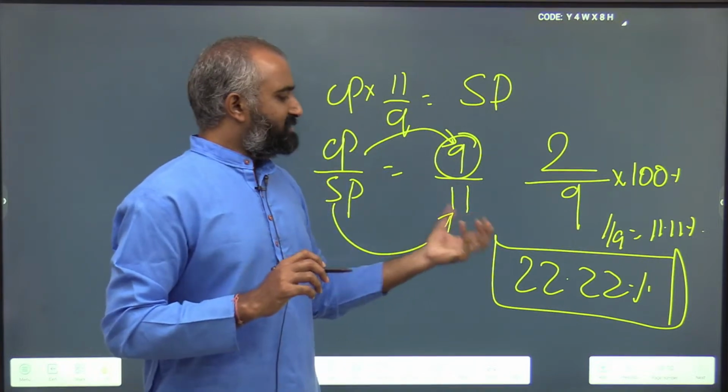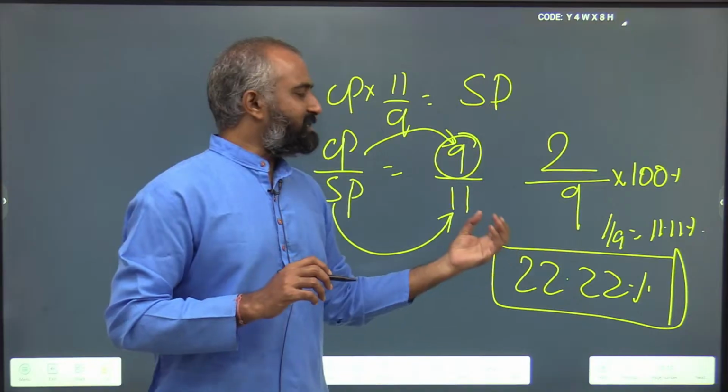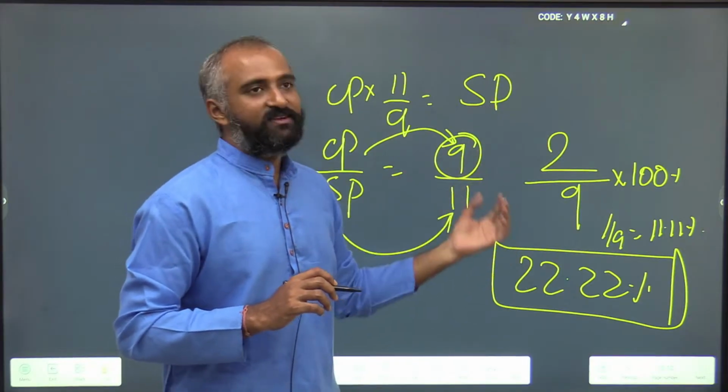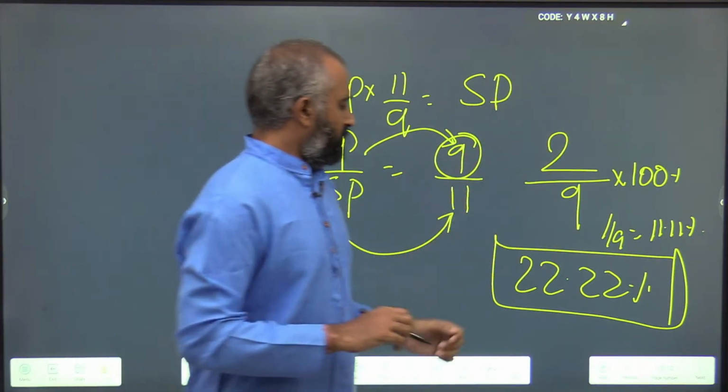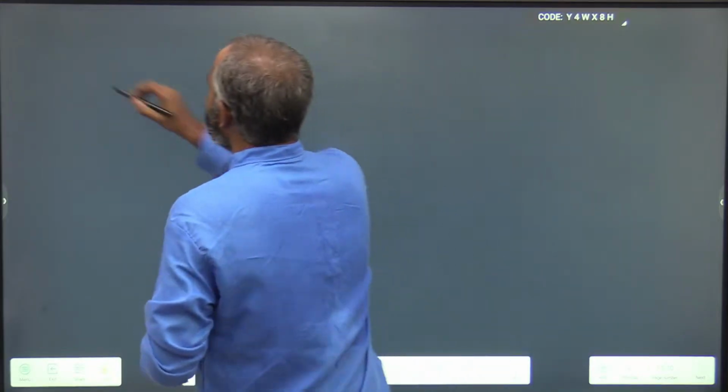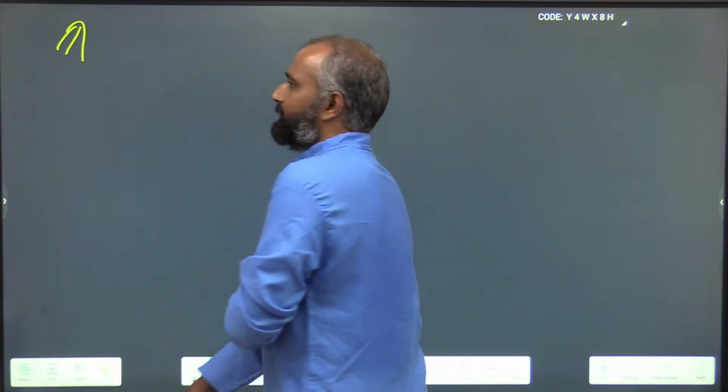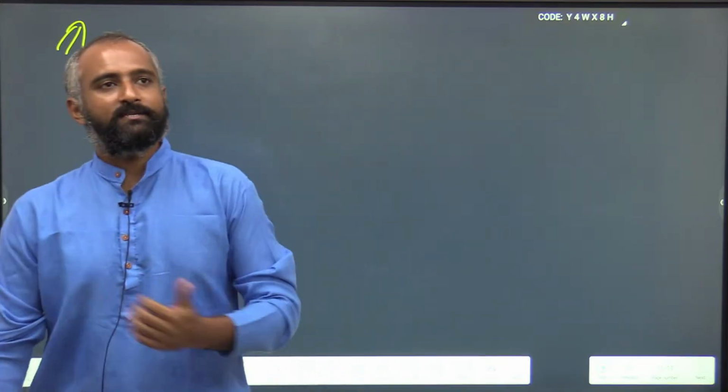Since this is the base which has extensive benefits in all the 3 chapters, master this and you will see the benefits overflowing in percentages, profit and loss, and simple and compound interest.